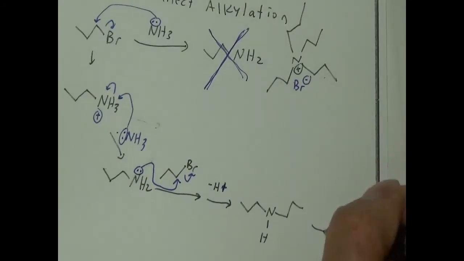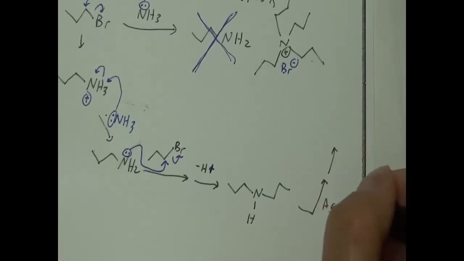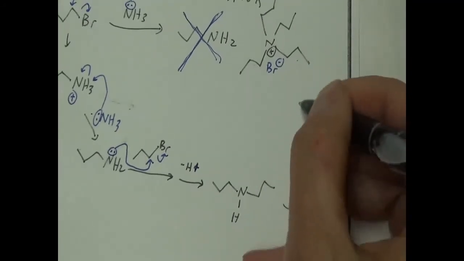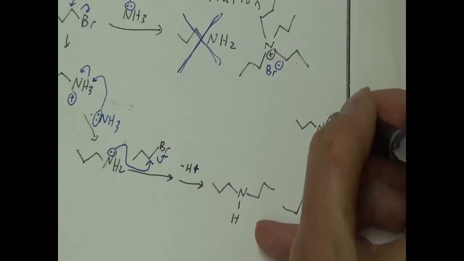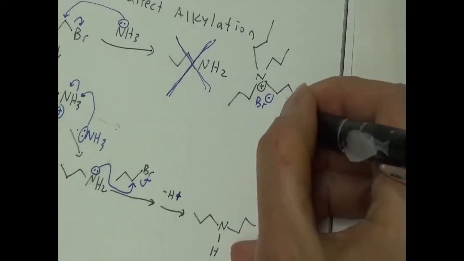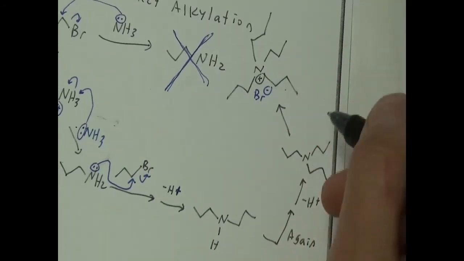And then it does it again. Again, -H plus. And then you have a tertiary amine. Then it does it again, but you don't have the loss of a proton because there's no more protons to be lost.